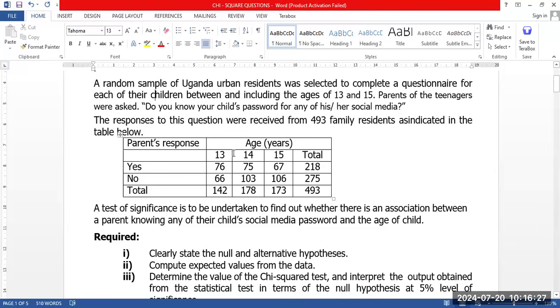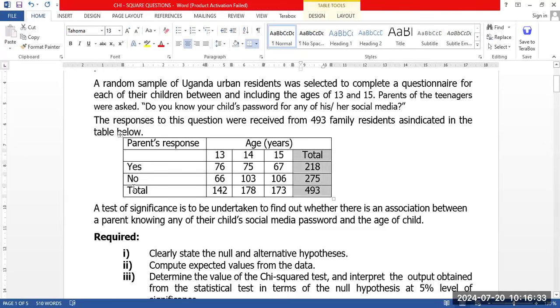Here we have age, 13, 14, 15. Then we have this column total. We have also this row total. If you add this row total, you get this. If you add the column total, you also get this.